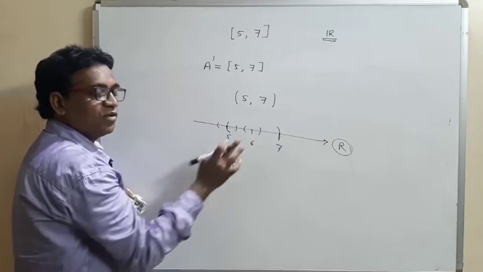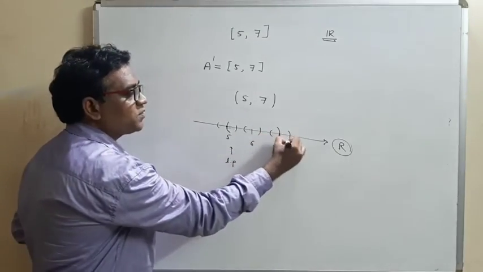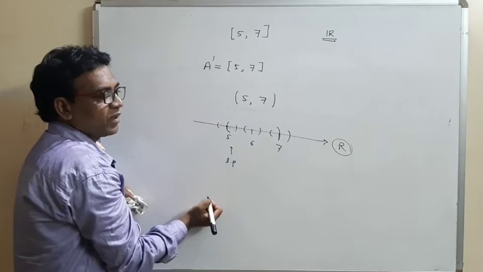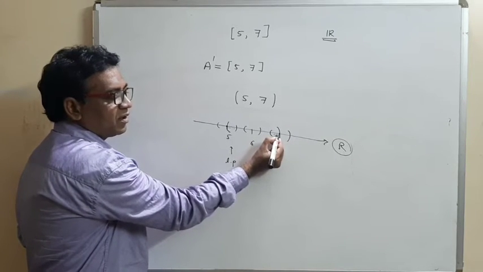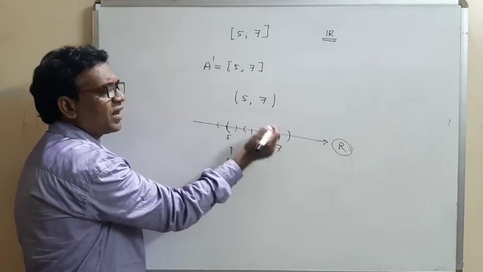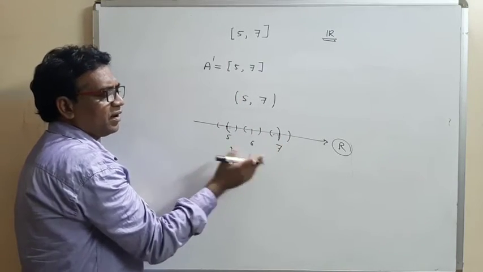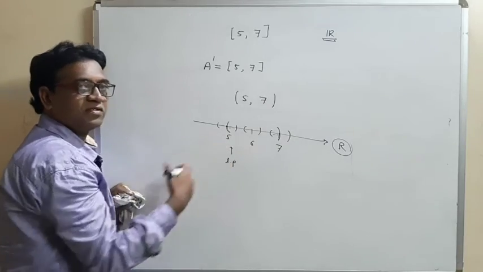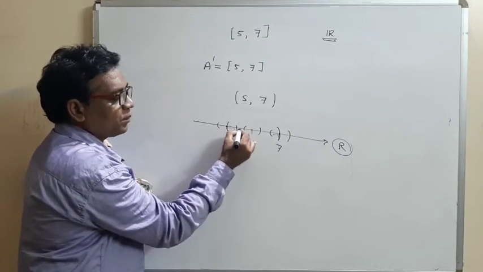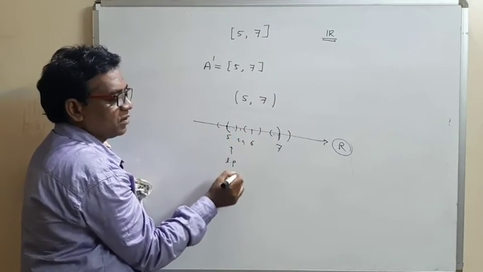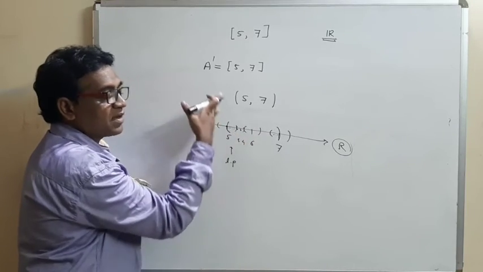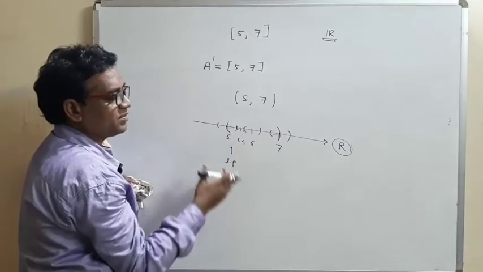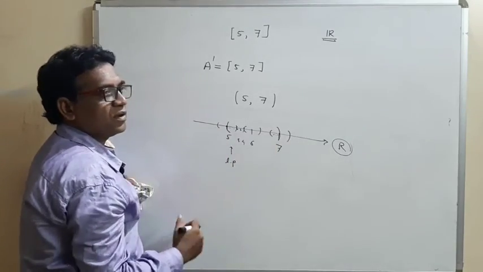If we take x equal to 7, then this is the open sphere for this point, and it contains infinitely many points of the given set. Take any point in between 5 and 7, suppose 5.4. For this point this is the open sphere, and it contains infinitely many points of the given set. So these are all the limit points of the given set.